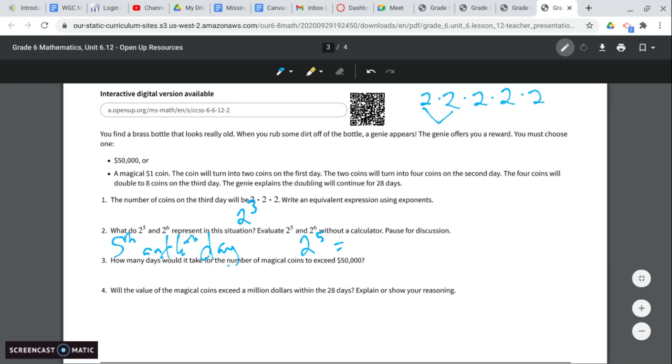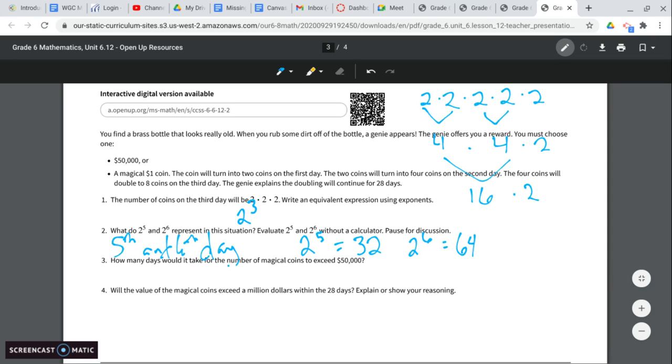So 2 times 2 is 4. 2 times 2 is 4 times 2. 4 times 4 is 16 times 2, which is 32. Now, we're taking 2 to the 6th, which means we just need to multiply our 2 to the 5th one more time by 2. So 32 times 2 is 64.